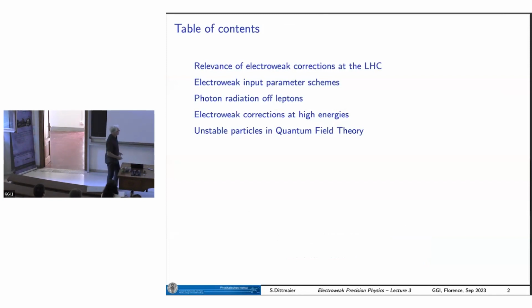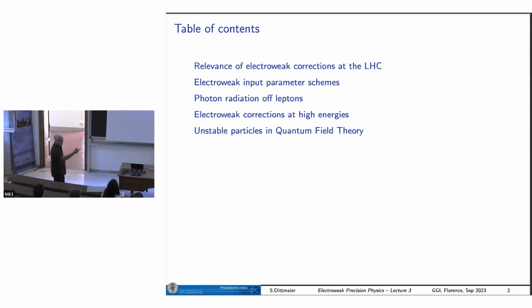About electroweak corrections. What I wanted to guide you through here are specific features of electroweak corrections that sometimes even have no counterpart in QCD. First of all, as an intro, I talk a bit about the relevance of electroweak corrections. Where do they matter, where not, and why do they matter?